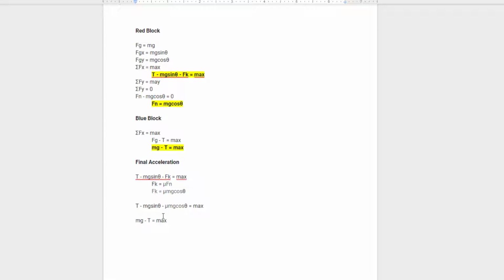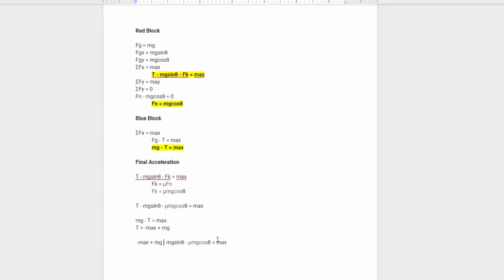And we can solve that to be T equals negative max plus mg. So plug this puppy into our previous formula, and you'll have a lot of m's for one.